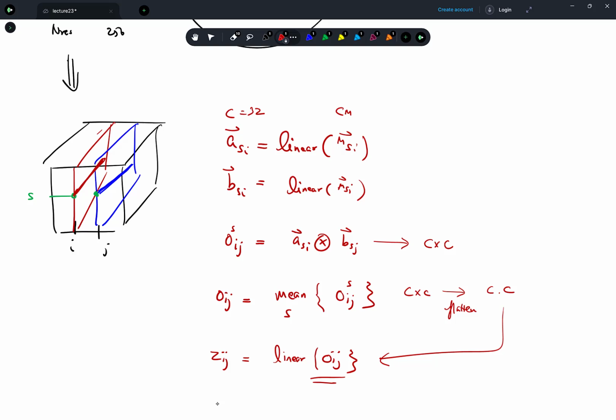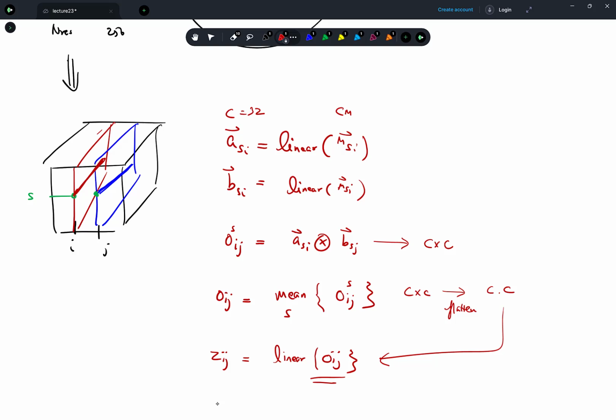Now remember, this is for a given sequence, and this is happening over all ij. For a given sequence means S is now fixed, so that's why S is a superscript here. Think of S being a fixed thing for now. So I create the outer product of these vectors. Each of them is a C-dimensional vector, so this gives me a C by C matrix.